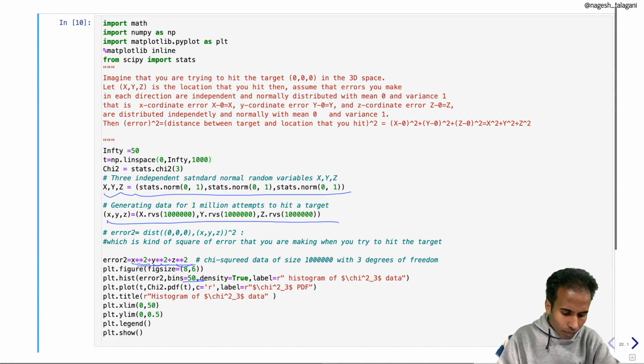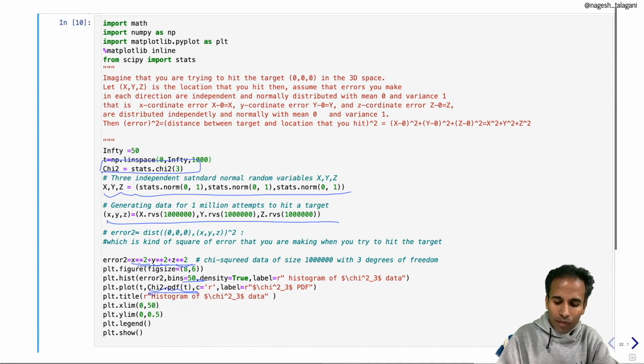I'm also plotting the PDF of the chi-square distribution with 3 degrees of freedom. Here, this is the chi-square random variable with 3 degrees of freedom, so I'm plotting its PDF here.